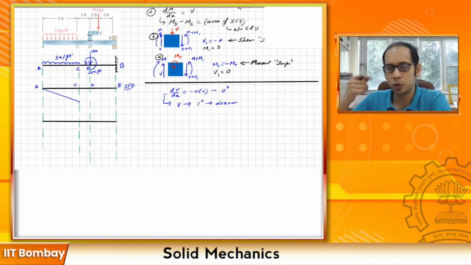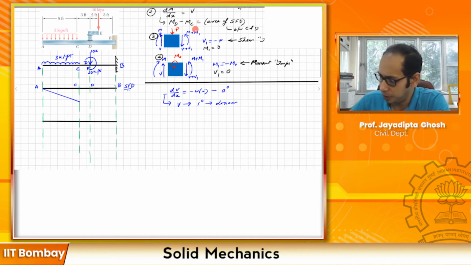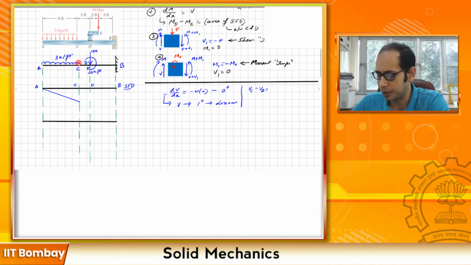And what is going to be the value at C that I can find from this relationship over here? Let me write that. We have VC minus VA will be the negative of the area of the loading diagram between these 2 points, and that is just 3 times this distance, since it's a rectangular patch, so it is equal to 3 times 8.